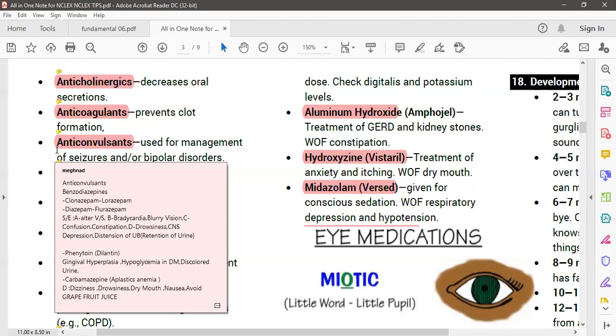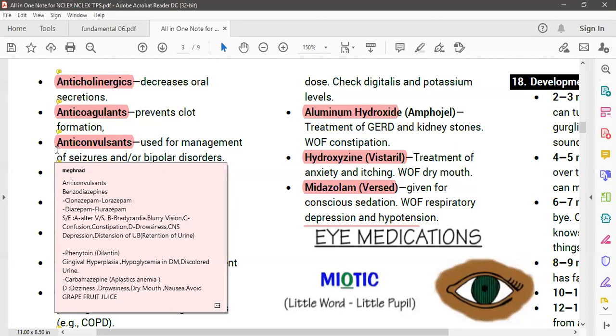And other medication we use as an anti-seizure medication, it is phenytoin. Other name of phenytoin we call Dilantin. Keep in mind, antacid and phenytoin or Dilantin not give together, right?